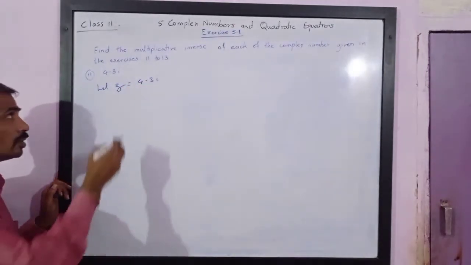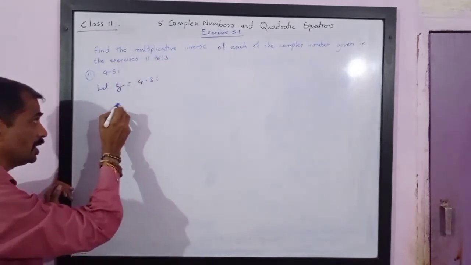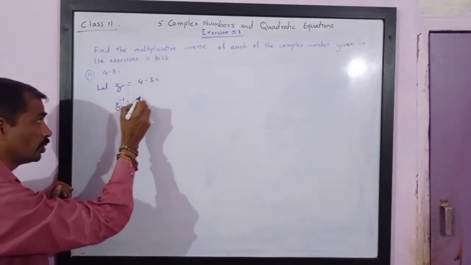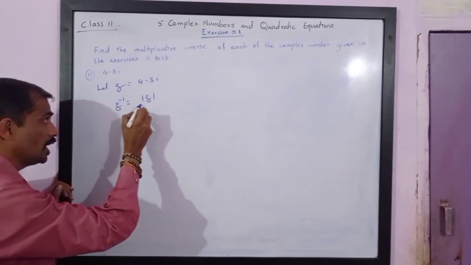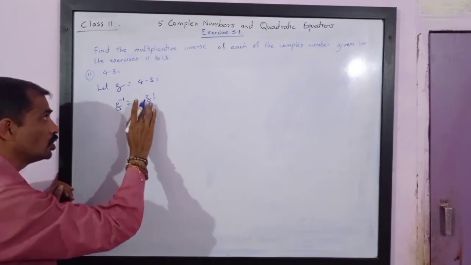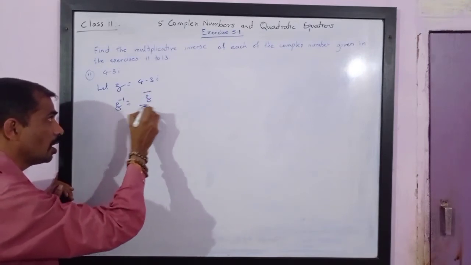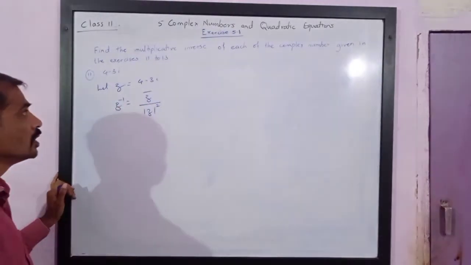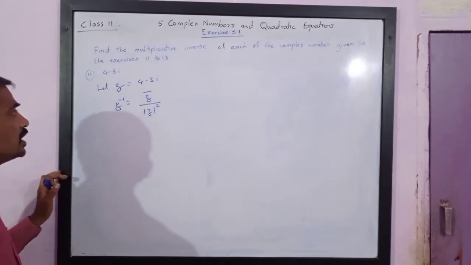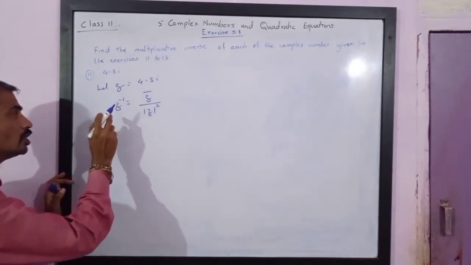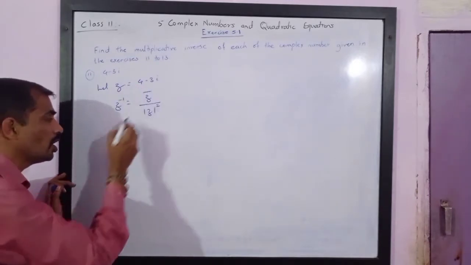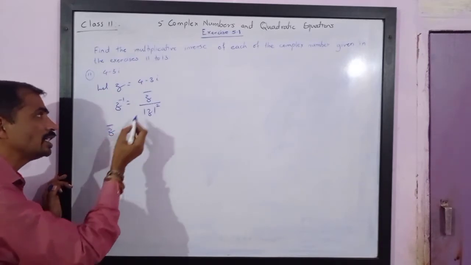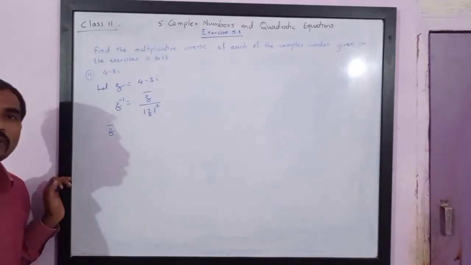Now we know multiplicative inverse means z inverse is equal to conjugate of z upon mod of z, bracket square. So conjugate of z is equal to, in order to write the conjugate we change the sign of the imaginary part of the complex number.